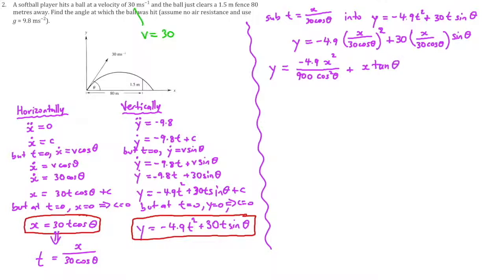Now for this next bit, if I move this cos squared up to the top, it becomes a sec squared. So I'll do that. Minus 4.9 over 900 x squared sec squared theta plus x tan theta. But we know that sec squared is 1 plus tan squared.